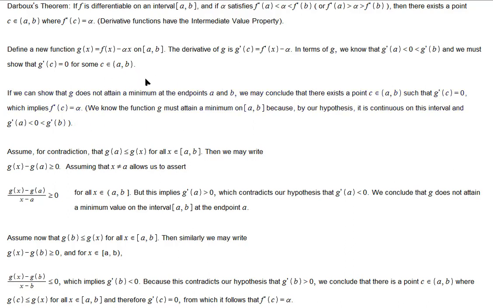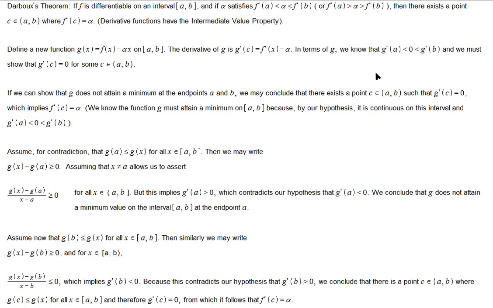The way we are going to do this is basically by arguing that, well, you see, g prime of a is less than 0. So at the endpoint a, the function g must be decreasing, at least locally. And at b, the derivative is greater than 0, so g is increasing at b.